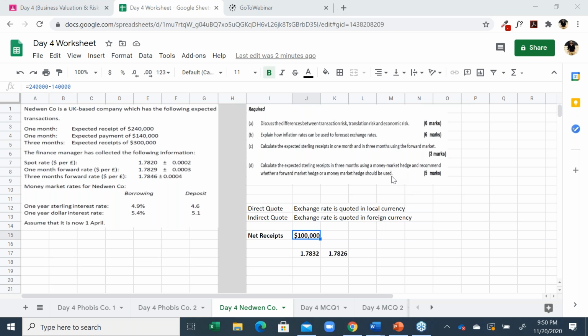Because the question is asking us to calculate the pound sterling using the forward market, that's why we have used the forward rate.